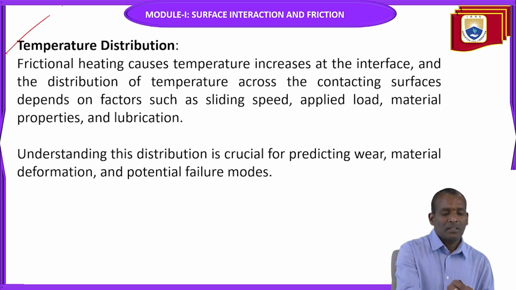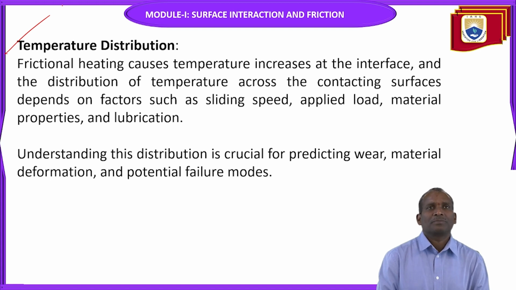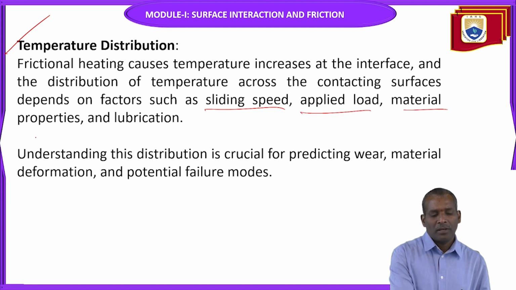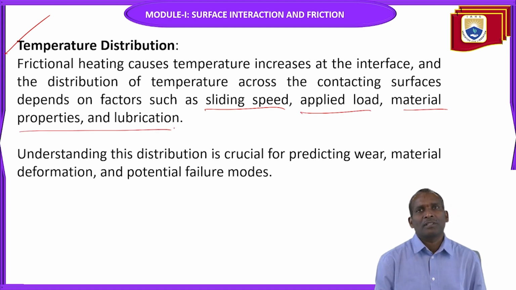One is temperature distribution. So frictional heating causes temperature increases at the interface, and the distribution of temperature across the contacting surfaces depends on factors such as sliding speed, applied load, material properties, and lubrication.